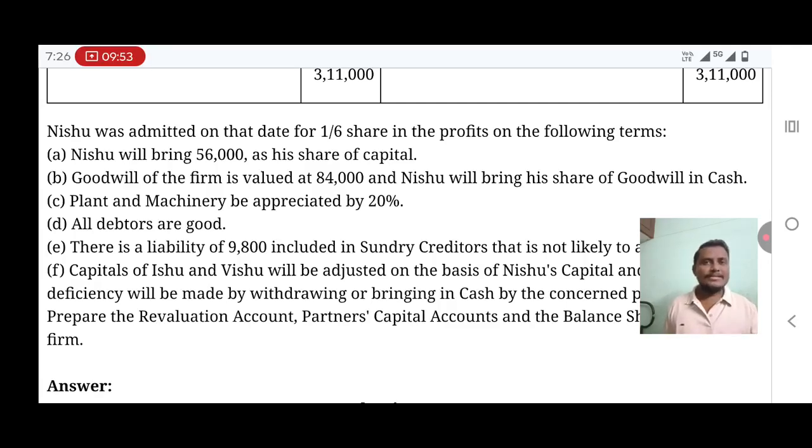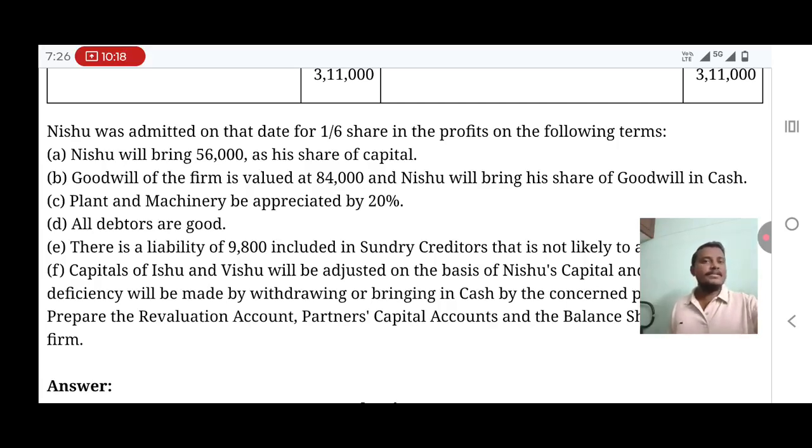So 3,36,000 in the new ratio, if you split up, you will get one answer, and you have already taken the adjusted capital, which means you have already prepared the capital accounts. So adjusted capital you can also find out for each partner, and new capital for each partner. New capital means you take this total capital of the firm, 56,000 into 6 by 1, which gives you 3,36,000.